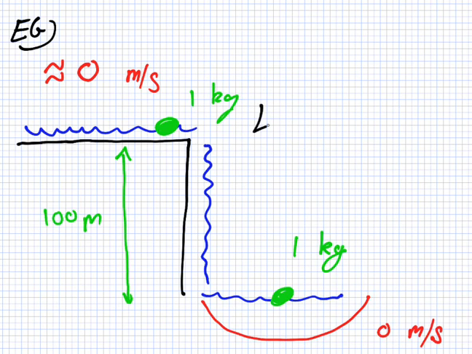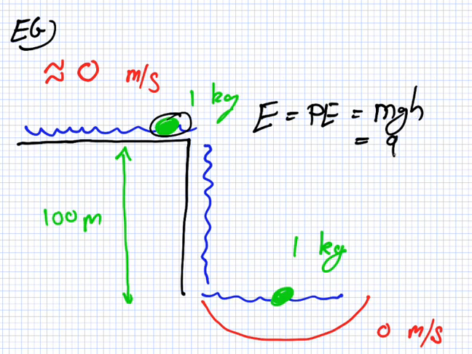What type of energy does this have at the top? That's right, it's just potential energy, isn't it? This piece here of the water. What's the formula? mgh. So in this example, if m is 1, h is 100, and g is 9.81, this will be 981 joules.